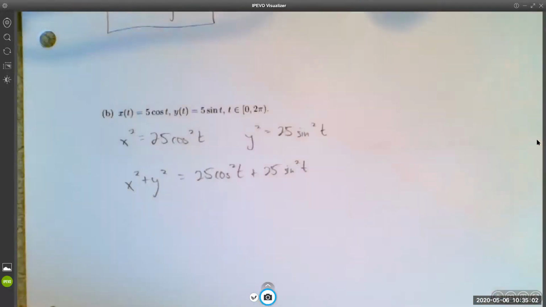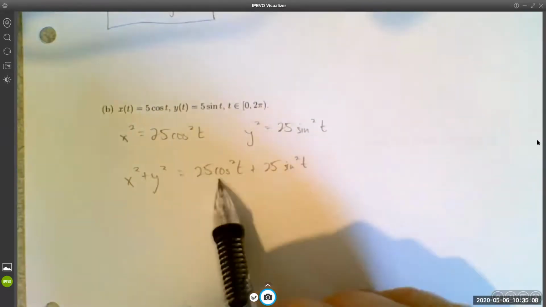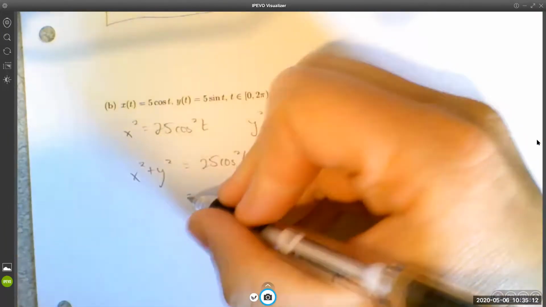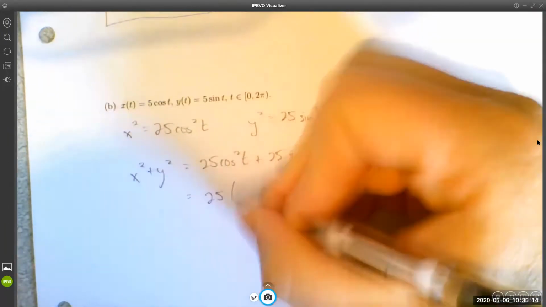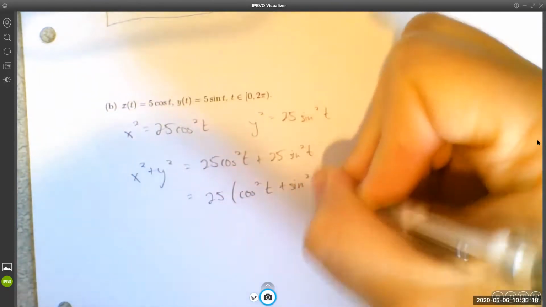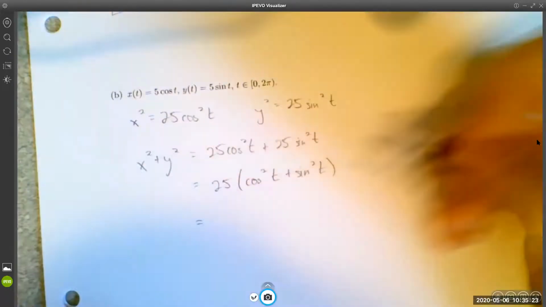Okay. Does that make sense? Well, you can't answer that question, but that's the idea. So x squared and y squared. Now, I can factor out a 25. And cosine squared plus sine squared is 1.